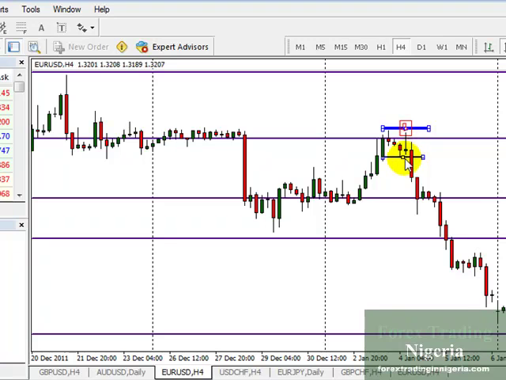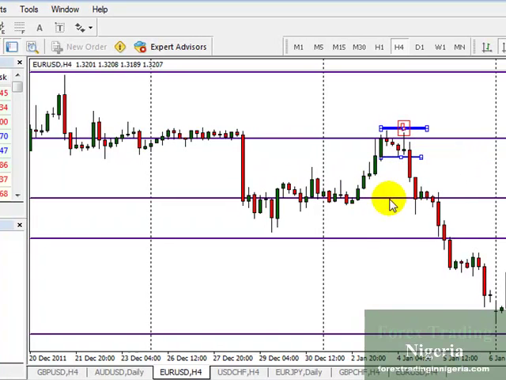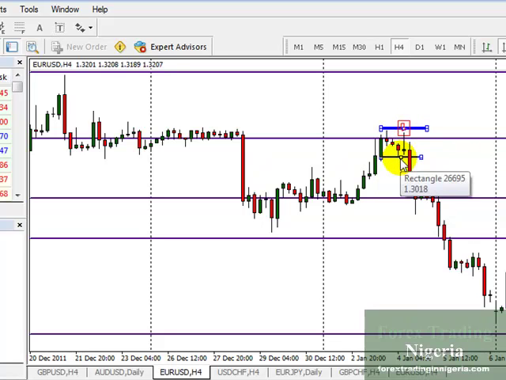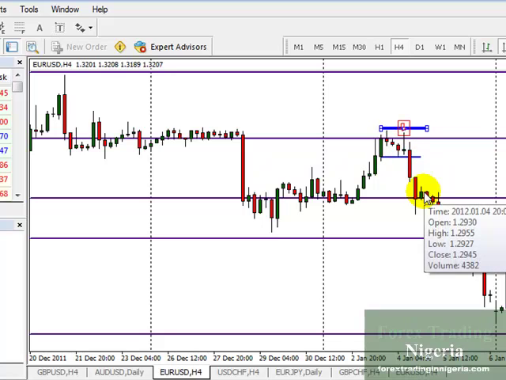And once it's triggered, our first take profit will be here at the next support area. Do you get that? I'll say that again. After we confirm the signal bar, which is the pin bar, we are going to place a pending order, which is a sell stop, because we are selling.